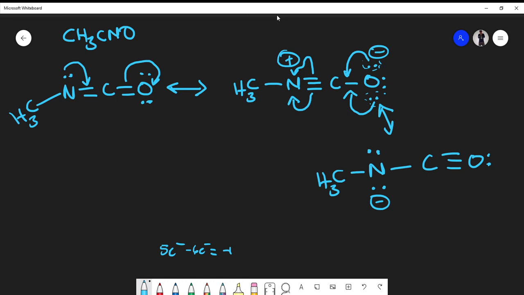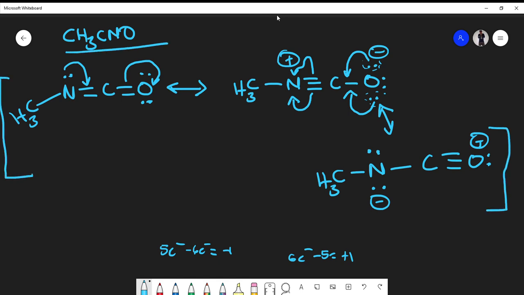What about the oxygen? The oxygen we get from the periodic table, that's 6 valence electrons minus 1, 2, 3, 4, 5. So this is 6 minus 5, and that's actually a +1 charge. So this oxygen has a +1 charge. All right, and this is pretty much all we could get. These are the 3 resonance structures of this molecule.